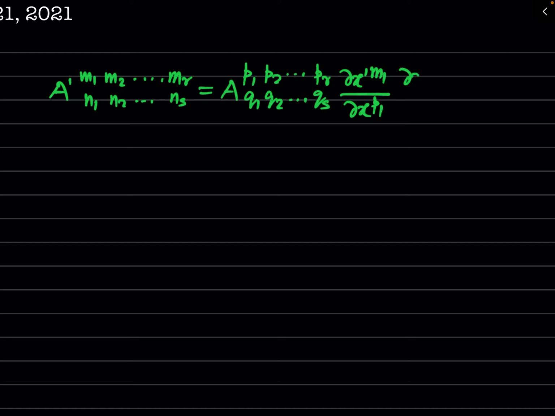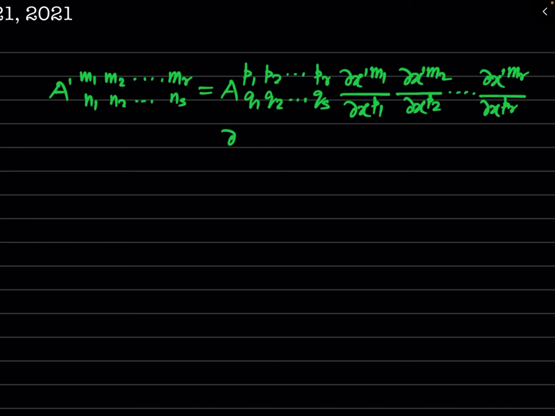Similarly, del x prime m2 over del x p2, and so on. Del x prime mr by del x pr times.